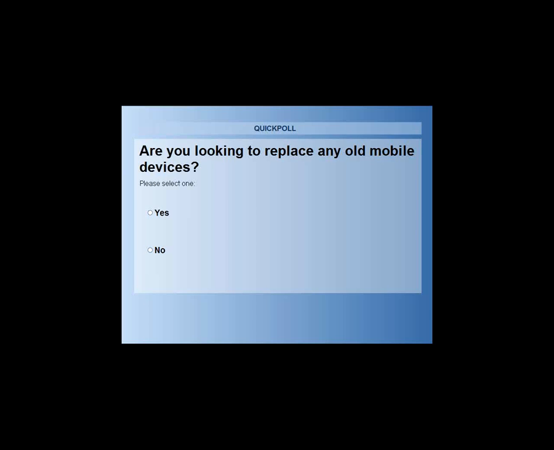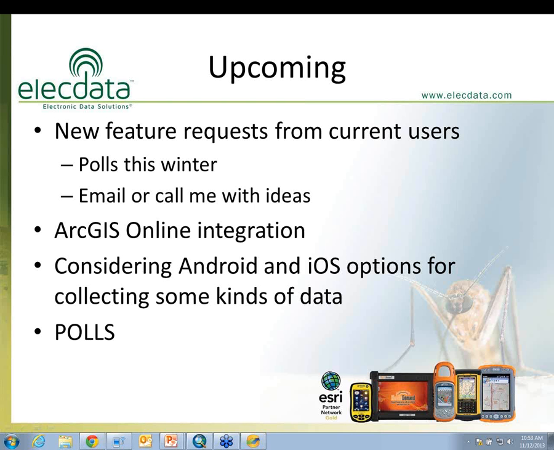Simple yes, no. We do have some more options these days for Windows tablets, and then Juniper has a new Archer 2 and some other things, so some nice options for that. Okay, so it looks like almost everybody has voted on that. And please, if you have any questions about the devices, feel free to ask me or Ryan about that, and we'll be happy to share with you. Okay, so let me close that poll.